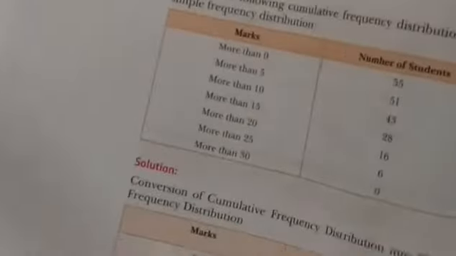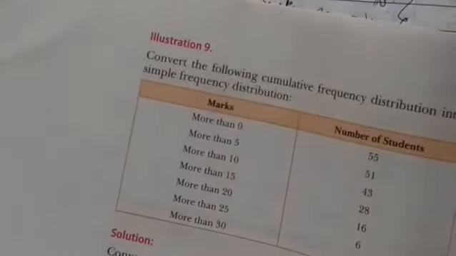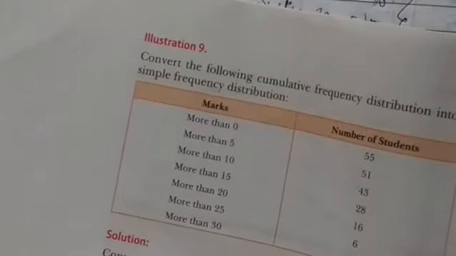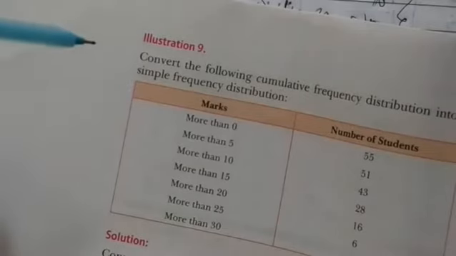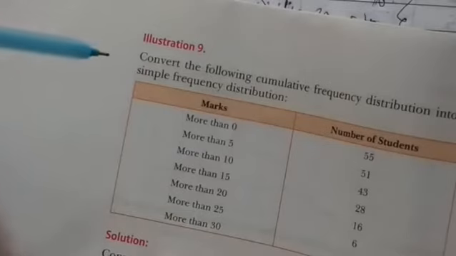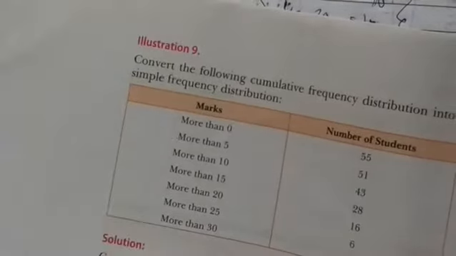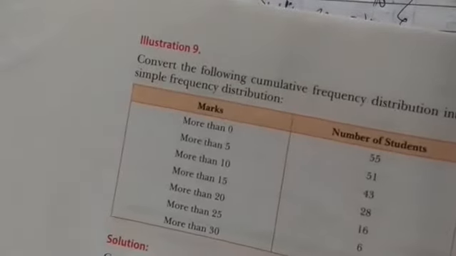Now question number 9. Convert the following cumulative frequency distribution series into a simple frequency distribution series. Now we have a cumulative series, that is more than 0, more than 5, more than 10.